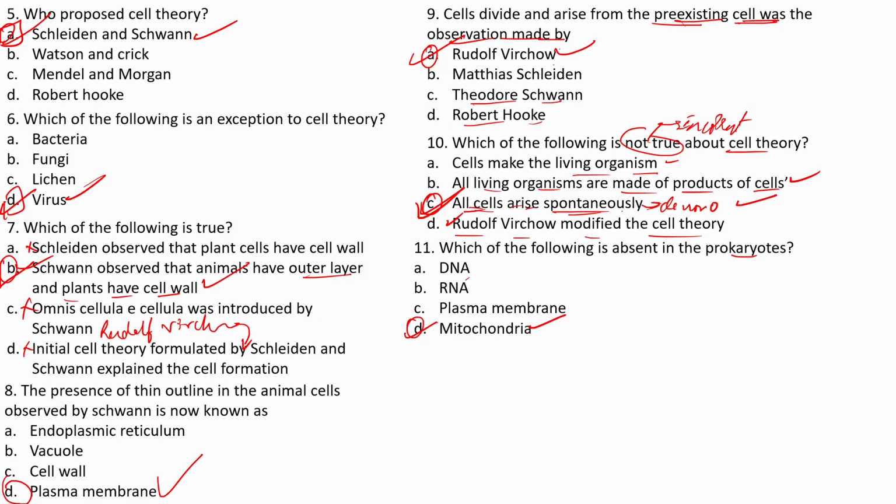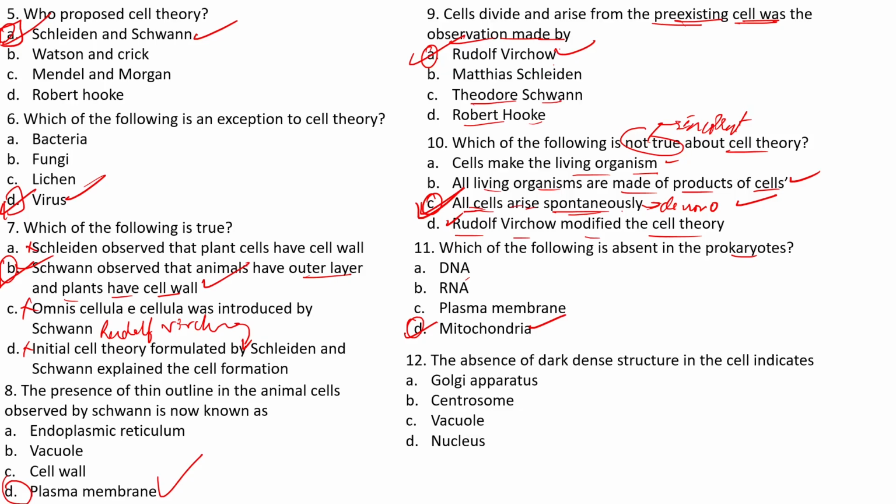You don't find this structure in prokaryotes. You find DNA both in prokaryotes and in eukaryotes. RNA, you also find them. And even the plasma membrane is found in prokaryotes and eukaryotes, but the mitochondria is an exclusive structure found in eukaryotes.